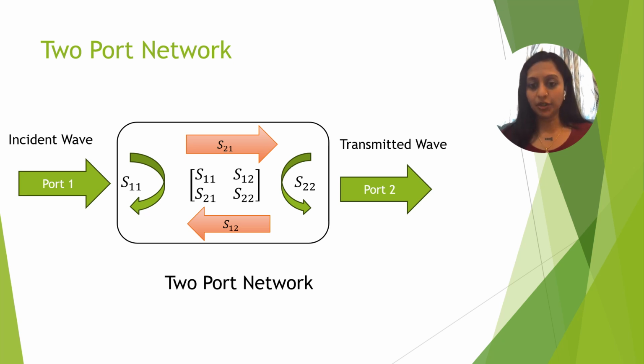Again, considering a two-port network, we see a lot of S happening inside this box. I have put S11, S12, S21 and S22. What are these? For a two-port network, it will always be in terms of 1s and 2s. Simple as that. I have spoken about these RF energies which are incident, transmitted, and reflected back.